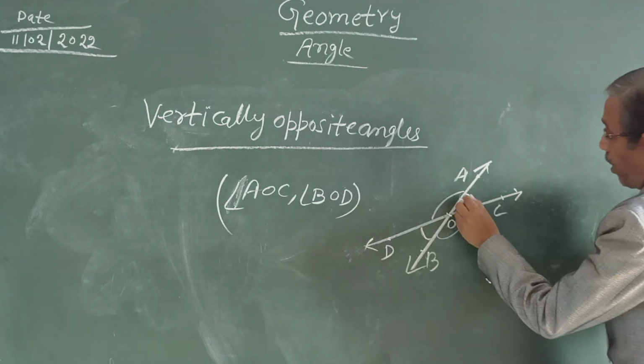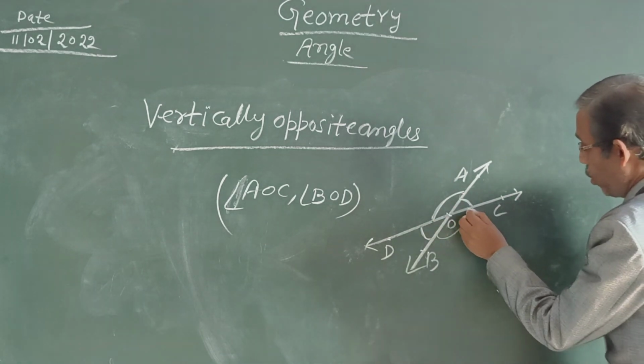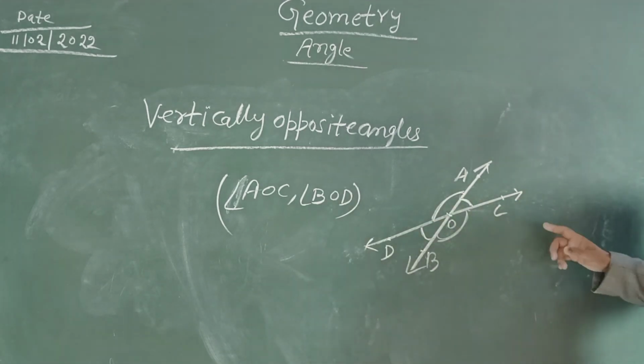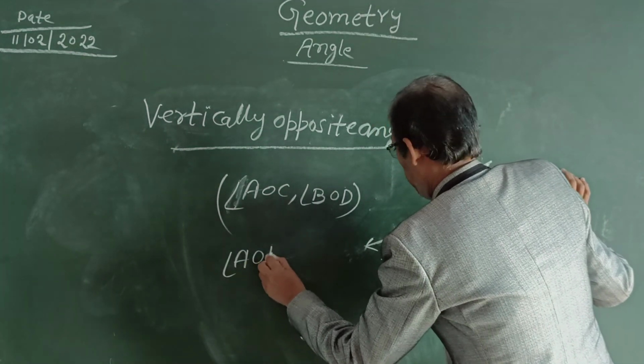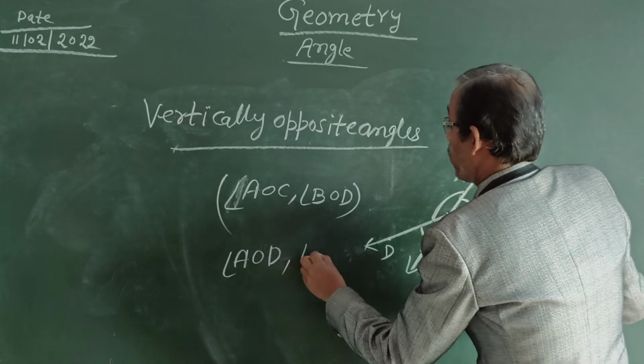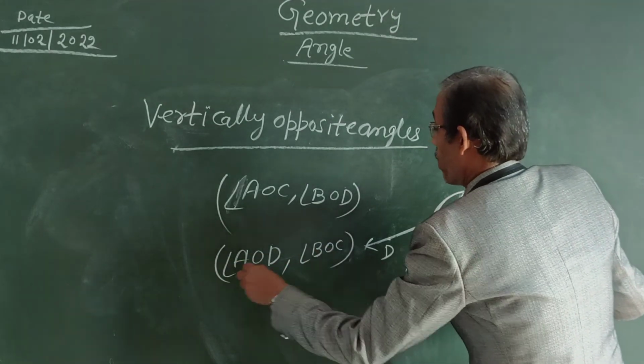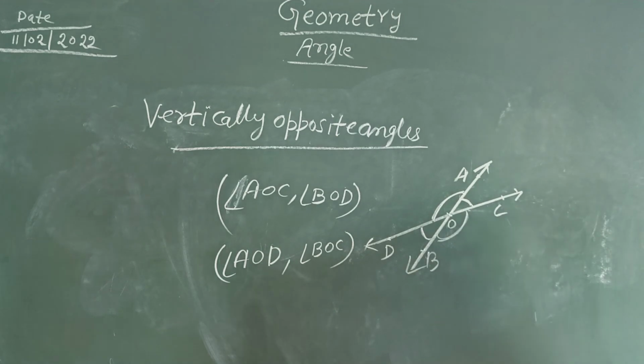Similarly, you can say that angle AOD and angle BOC are other pair of vertically opposite angles.